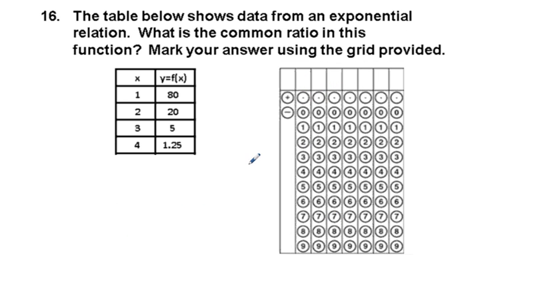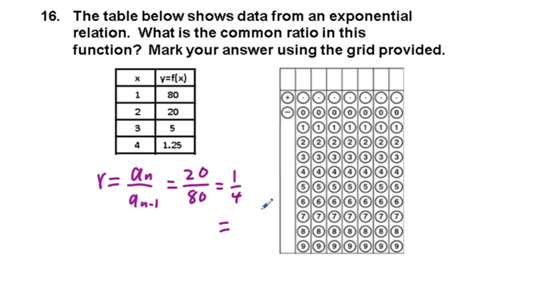Now, the last one we have in this test is number 16. The table below shows data from an exponential relation with common ratio of this function. Well, again, we had r is equal to a sub n divided by a sub n minus 1. So in this case, we have any two terms that are adjacent. So we can have 20 divided by 80, which is equal to 1/4.